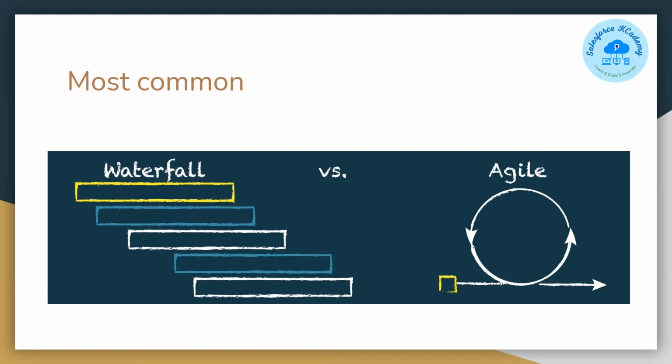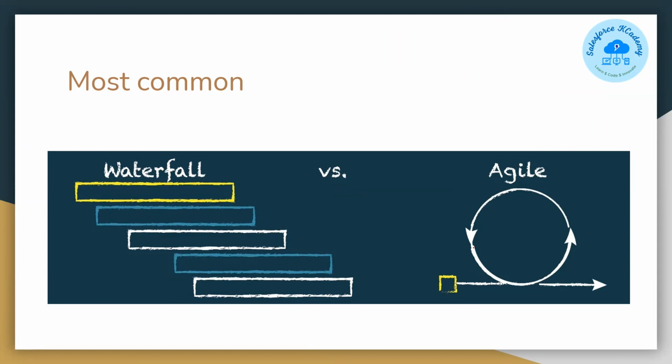We have been seeing waterfall for many years, and agile has also existed for decades, but it is now booming because the agile methodology is most useful especially for software projects. I'll explain the differences. The most common methodologies to maintain a project are waterfall and agile.